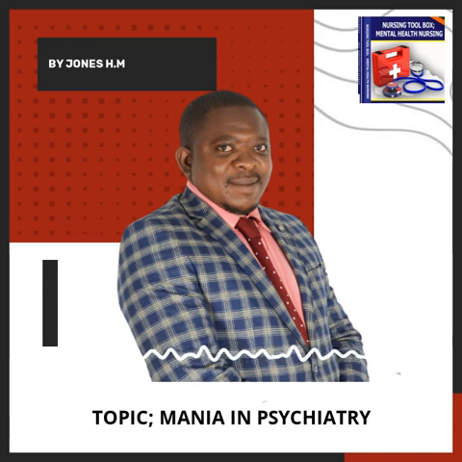So it is within these three frameworks or elements that we can view the causes or the etiology of mania. In short, we have biological factors that may predispose to mania, psychological factors that can predispose to mania, and social factors that can predispose to mania.